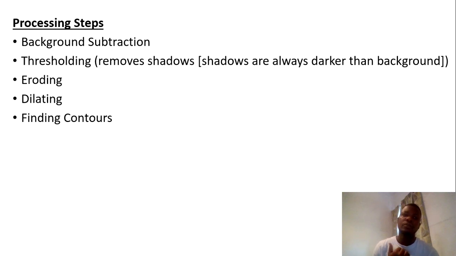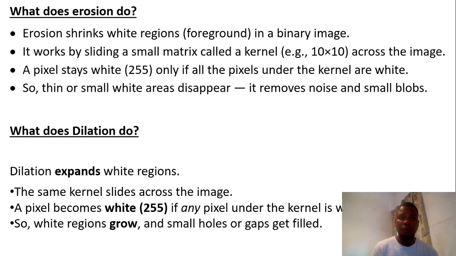Then we have eroding, we have dilating, and we now look for contours. Contours is basically looking for the edges. Now, what does eroding do? Eroding shrinks white regions. Remember that we are going to change our frame into binary, which has black and white.